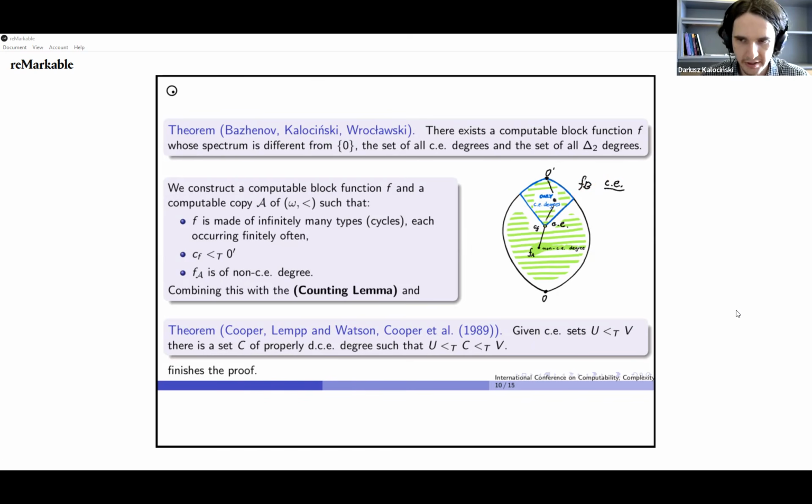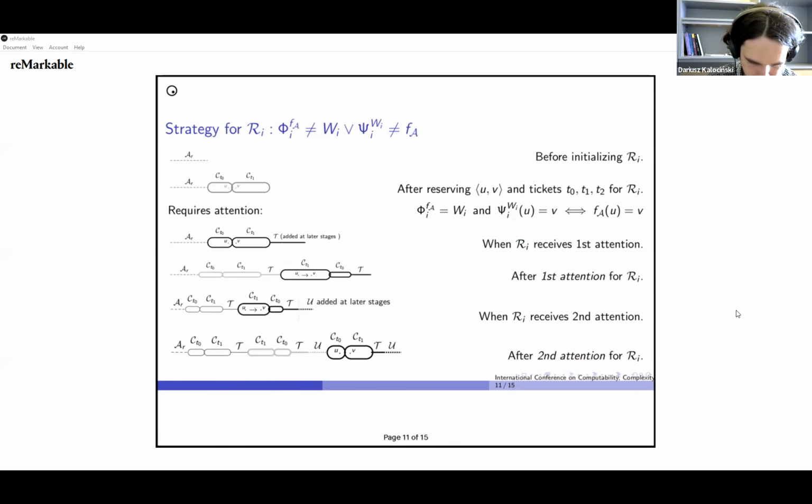Yeah, so these are like all the ideas somehow summarized in one slide. And I hope that it won't be too demanding for the audience, but I will try to at least hint at some main points of the construction.